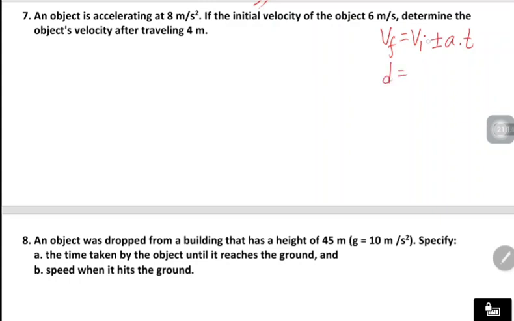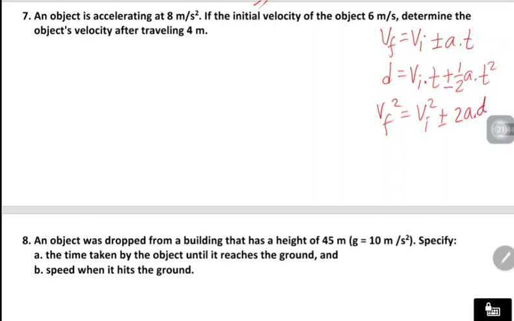Second: distance equals initial velocity times t plus 1/2 acceleration times t squared. Then third: final velocity squared equals initial velocity squared plus or minus 2 times acceleration times displacement.